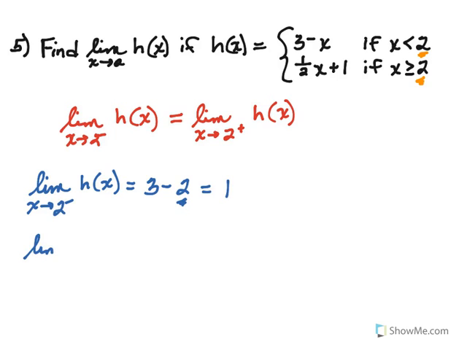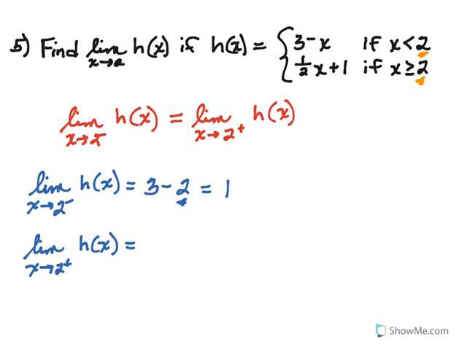So now we're going to do the same thing from the right. If we're approaching 2 from the right, think again of a number line. So now we're coming down towards 2 through numbers such as 2.5, 2.4, 2.3, 2.2, 2.1, finally hitting 2.